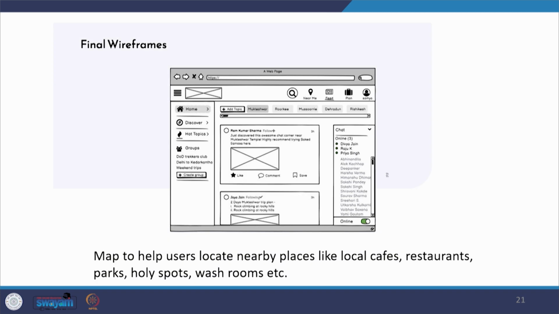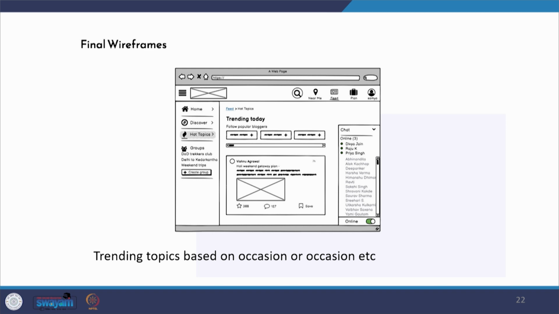Similarly, the map helps users locate nearby places where they can go for a local cafe, restaurant, or maybe a holy spot or washroom. So how can they identify some of the common facilities? Then trending topics based on the occasion. There may be a certain occasion or activity for which there is some trending discussion going on.